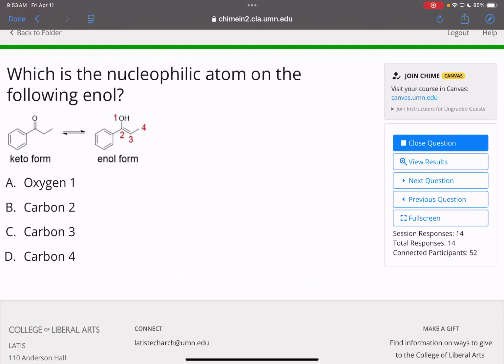Is it what was the carbonyl carbon? 3 is the alpha carbon, 4 is the one next to it. So which one is the nucleophilic atom that's going to end up being attached to whatever your electrophile is?